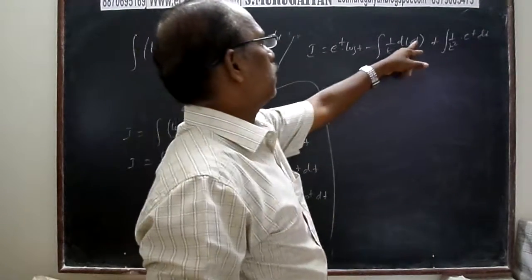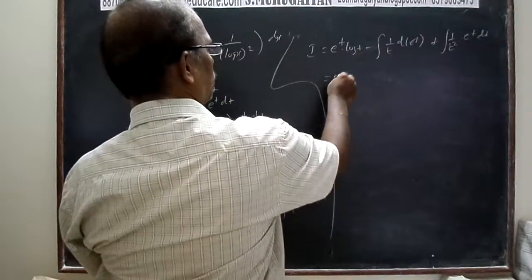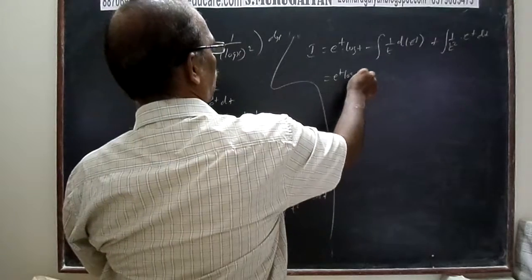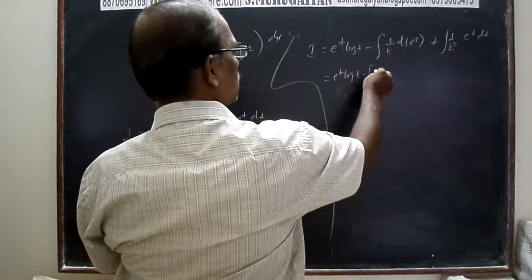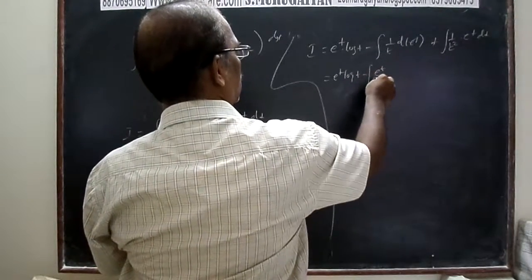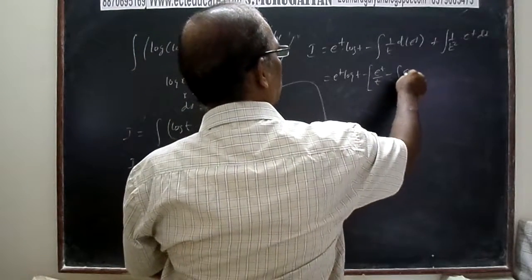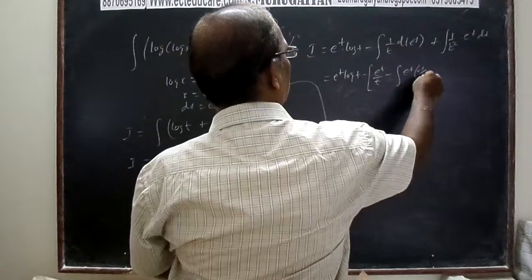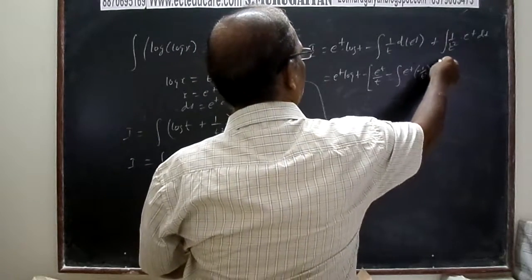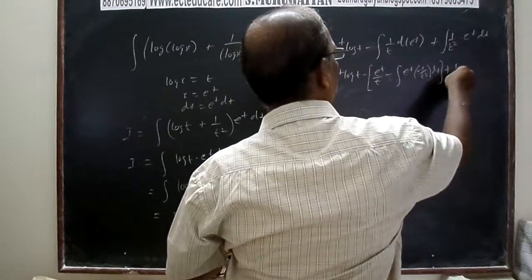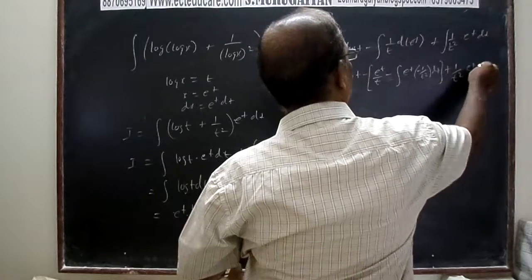So this is u dv by parts: e power t log t minus, applying by parts, e power t by t minus integral of e power t times minus 1 by t square dt, and plus 1 by t square e power t dt.